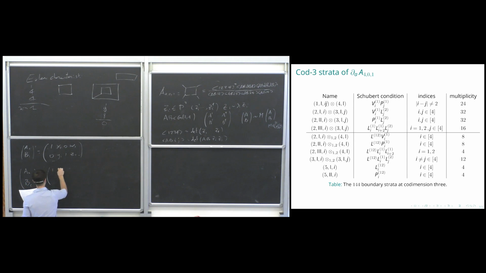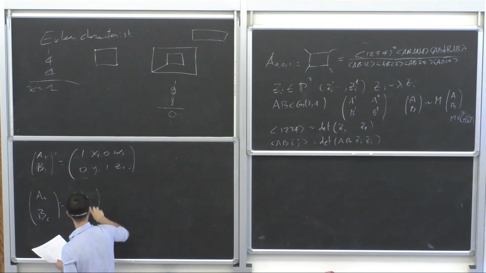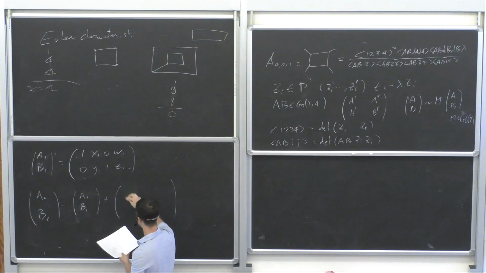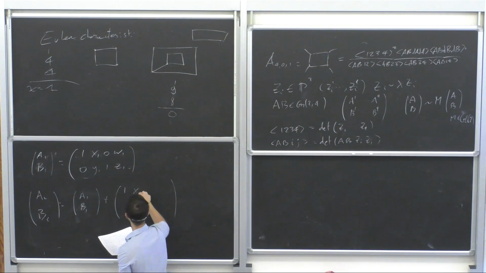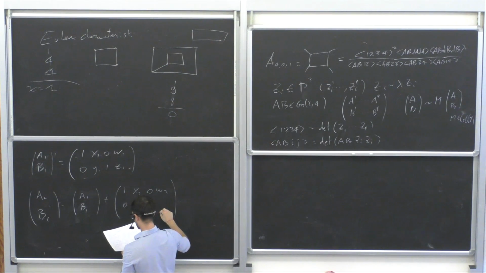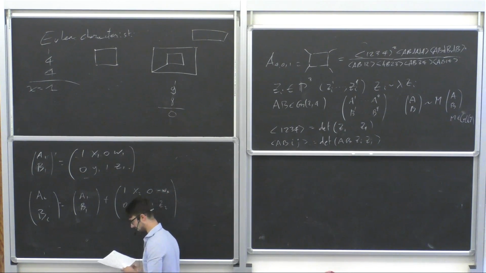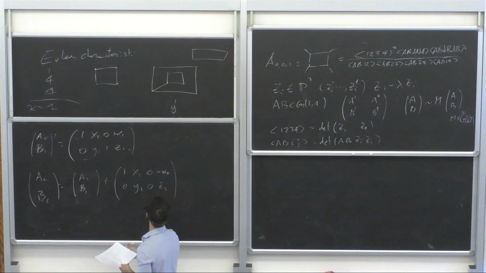And the other one is x1 plus x2. A nicer way of writing this is actually A1, P1, plus, and then we write exactly the same matrix here: (1, x2, 0, w2; 0, y2, 0, z2). Sorry, and here there is a minus. That is irrelevant for forms, but is kind of useful for geometries.